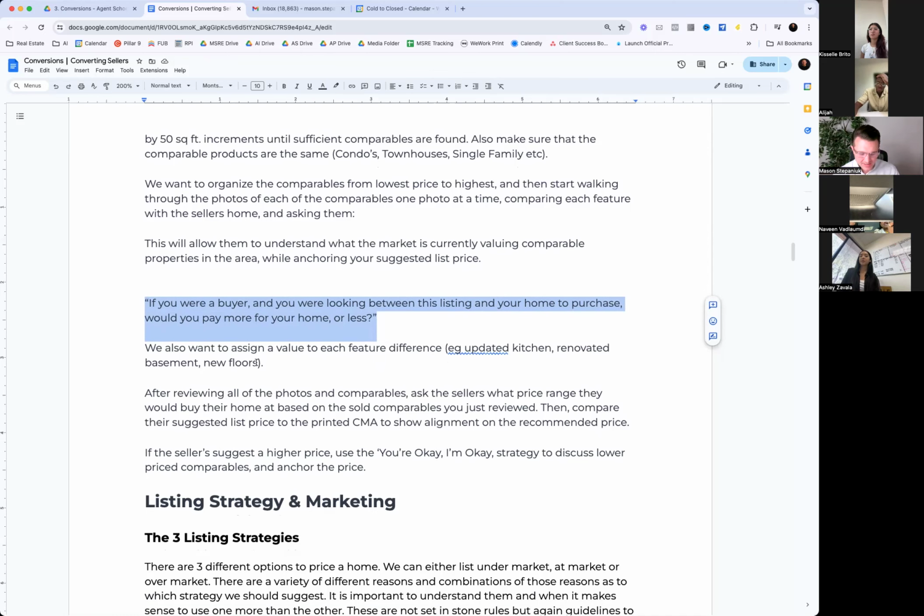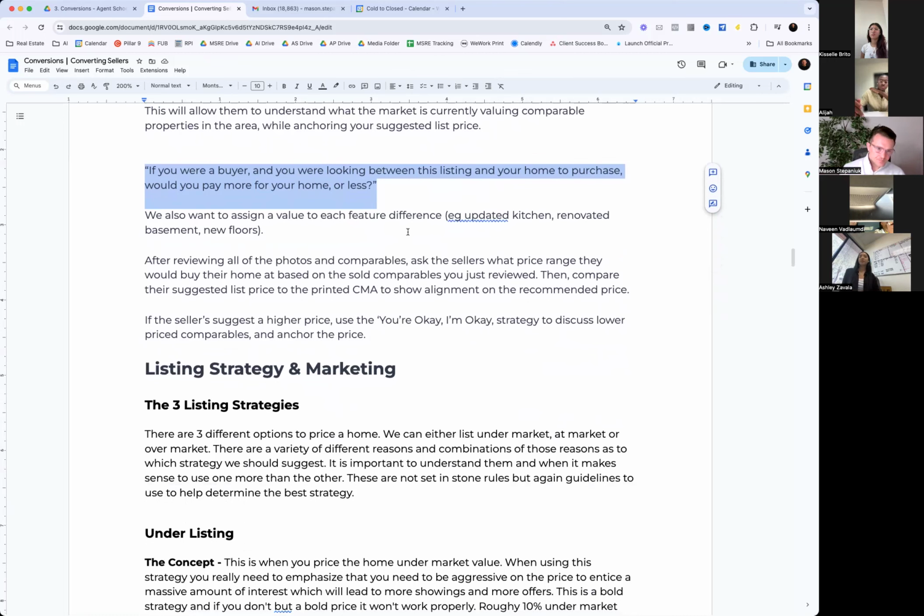And if we skip this part, we are likely, and I've run into it multiple times, to end up dealing with a heavy objection of a client that wants to list above market value, which can be a tough objection to overcome. And we all know that listing over market can be really detrimental for the course of the relationship.